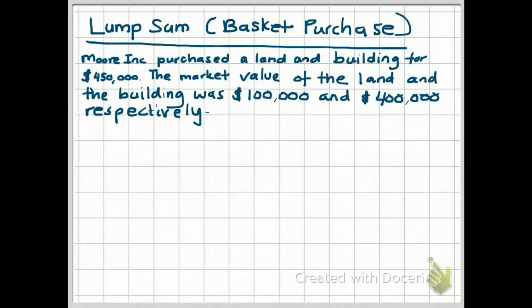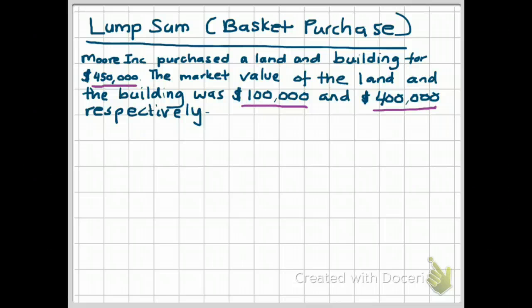The question is, how much should we record for land and how much should we record for the building in our books of accounts? The first thing that you need to do when you're presented with this type of problem is figure out the purchase price, which is $450,000, and then the market value of what we purchased, which is $100,000 for the land and $400,000 for the building.